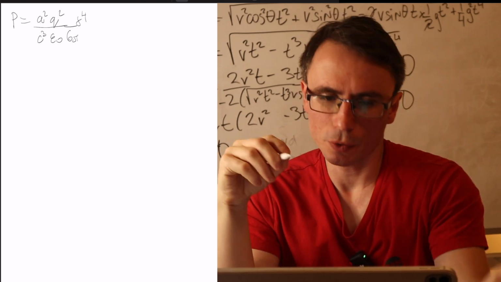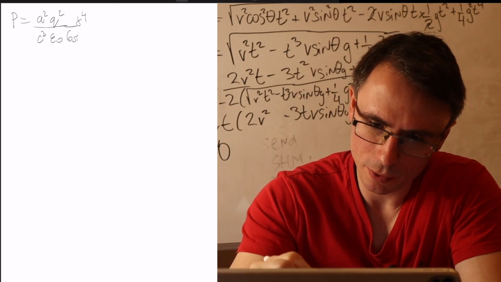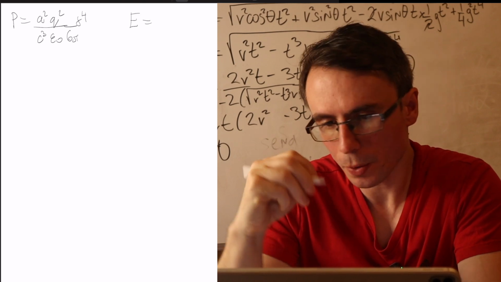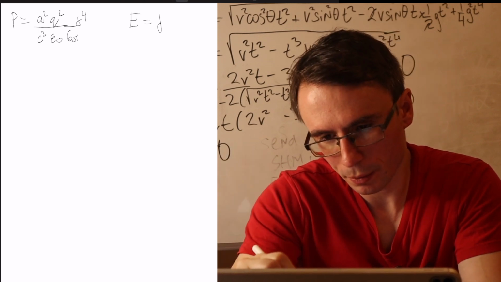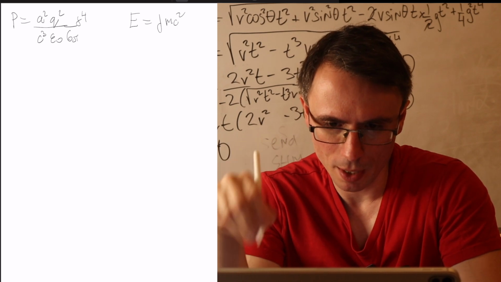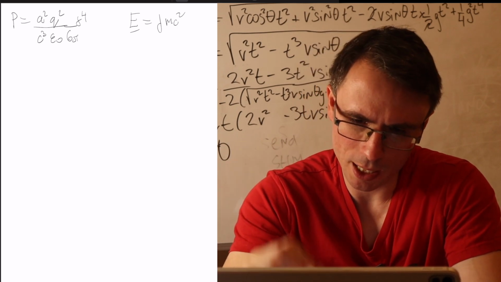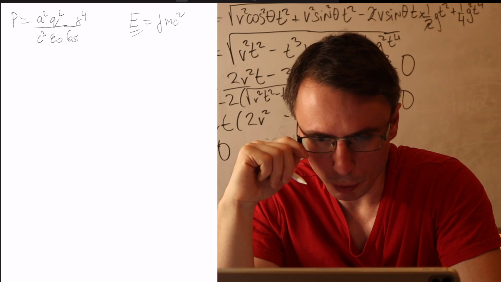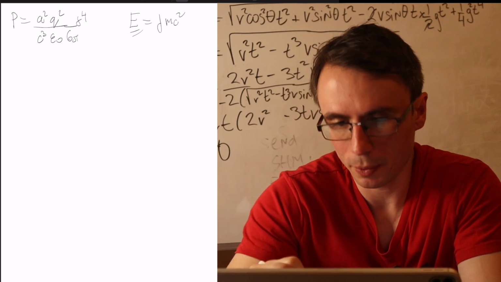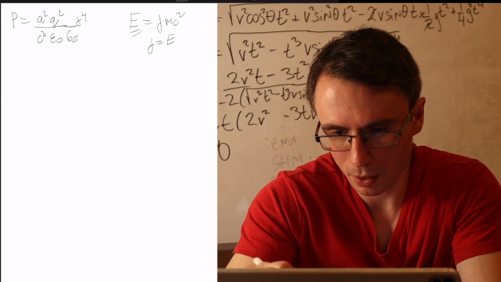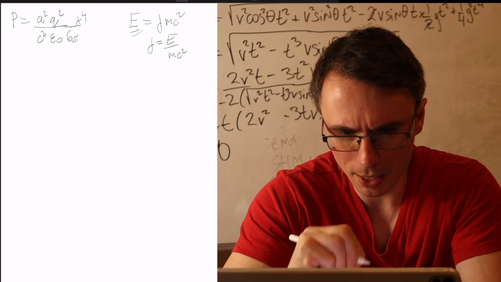I don't think this one is too bad because we know that the total energy in relativity is equal to gamma mc squared, and we're given this in tera-electron volts, so all we need to do is express gamma once again in terms of that, so gamma is just equal to E over mc squared.